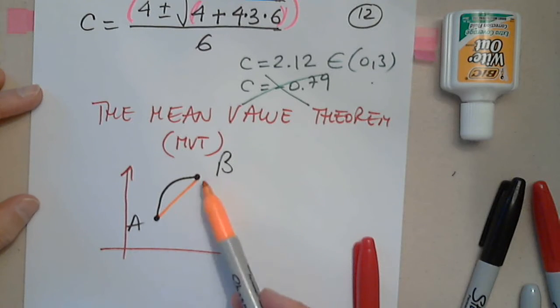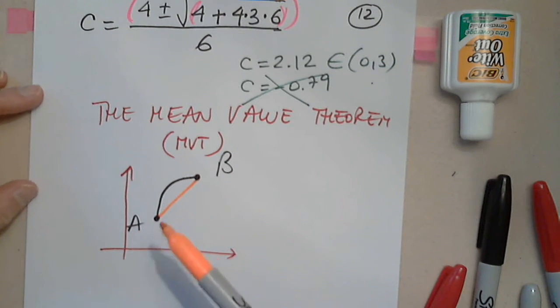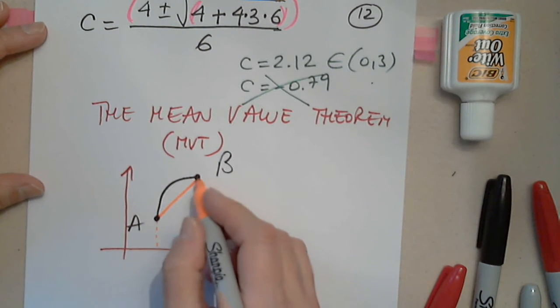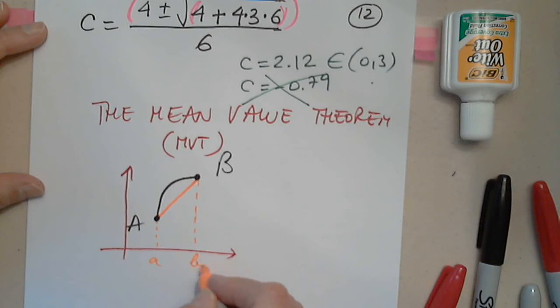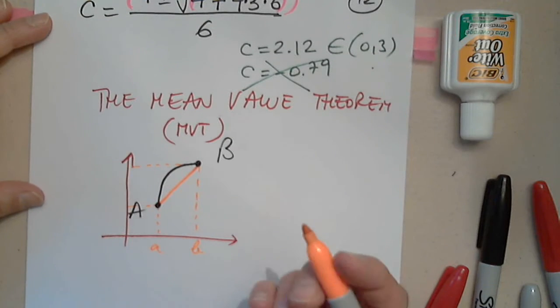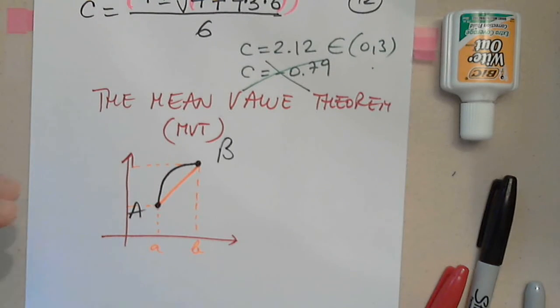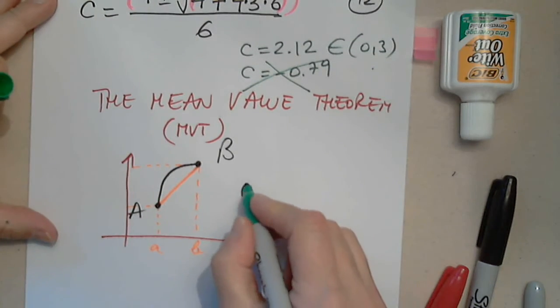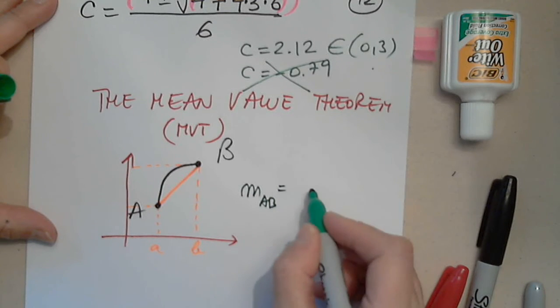Let's suppose I'm interested in the average rate of change of the function. Of course, this is our A comma B. And if I ask you, please give me the slope of this line or the average rate of change, what will you say?